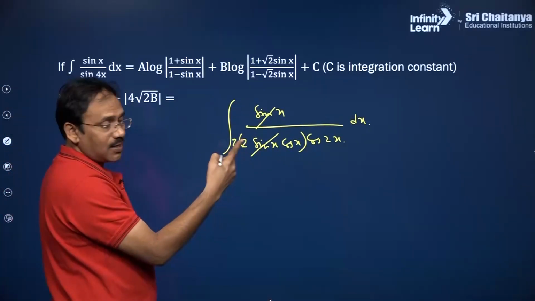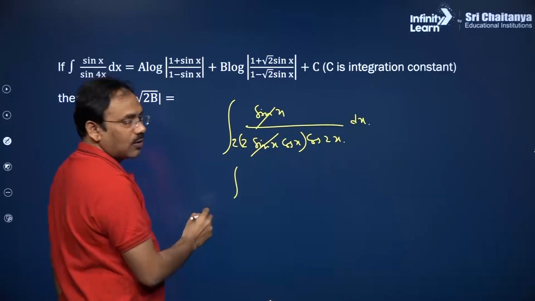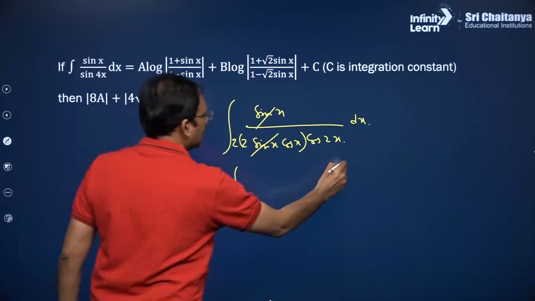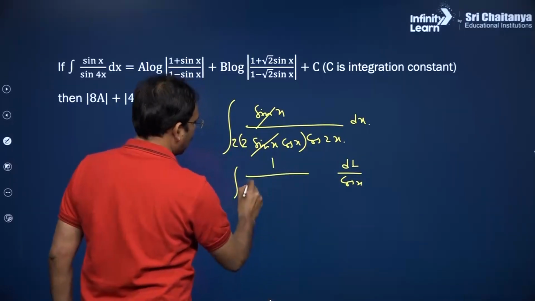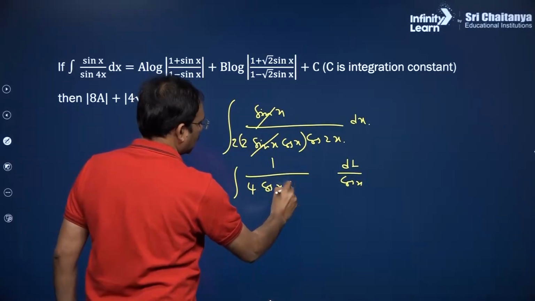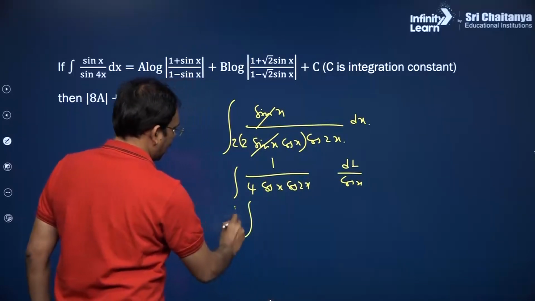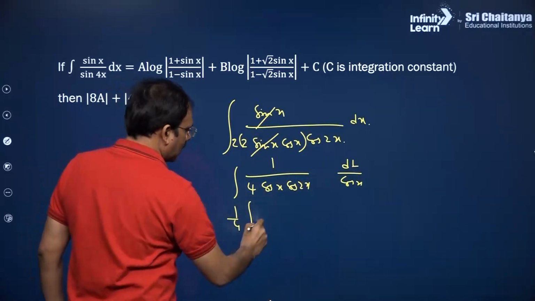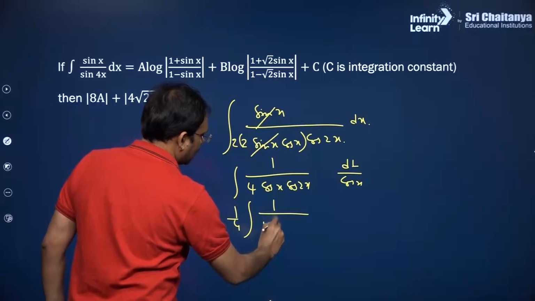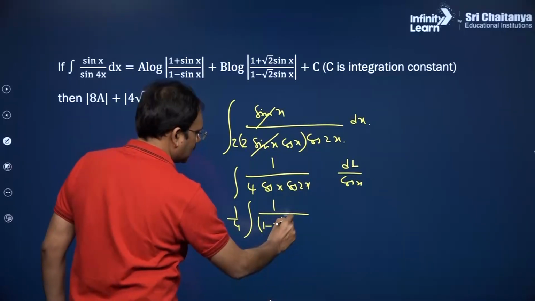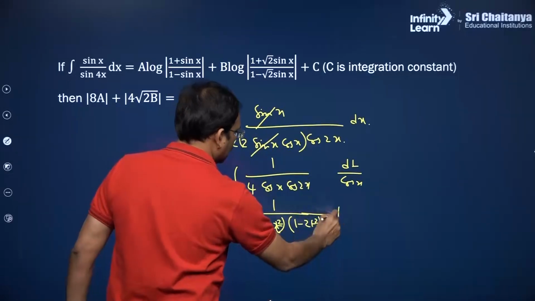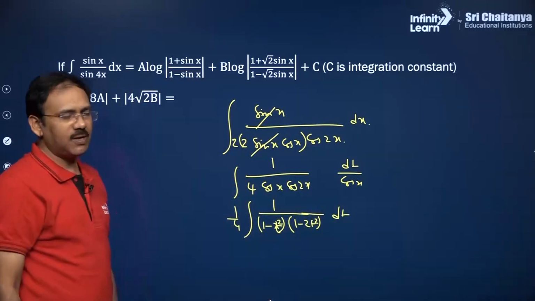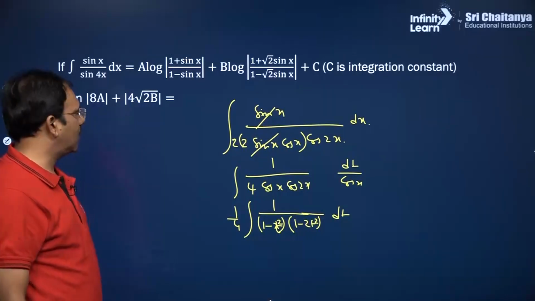So sin x is t, cos x dx will become dt, so dx is dt by cos x. So this becomes 1 by 4 cos x into cos 2x. You can say 1 by 4, this becomes cos square x, that is 1 minus sin square x, and cos 2x is 1 minus 2 sin square x. Now you can just split into partial fractions and integrate, you are going to get the answer.